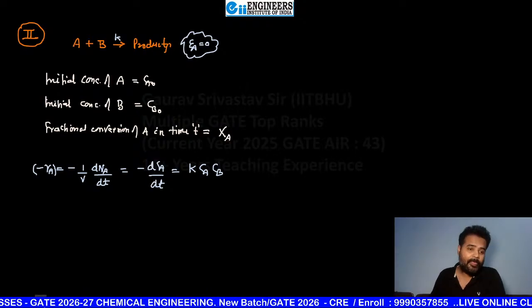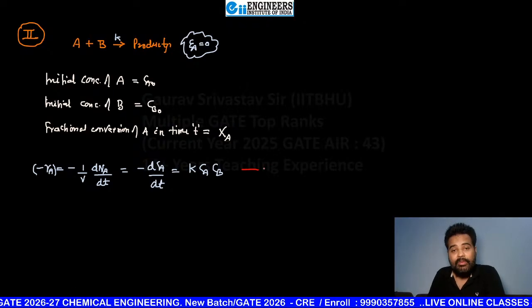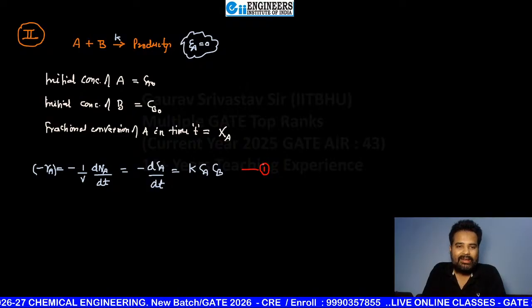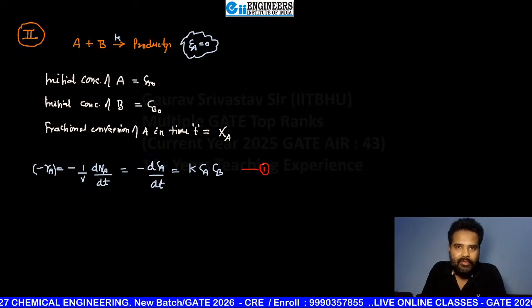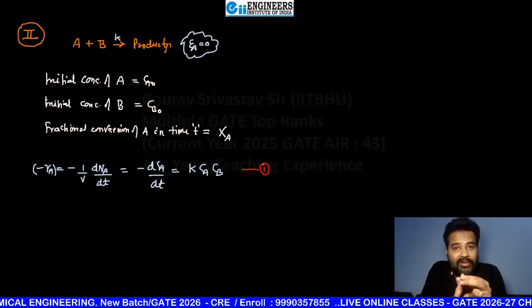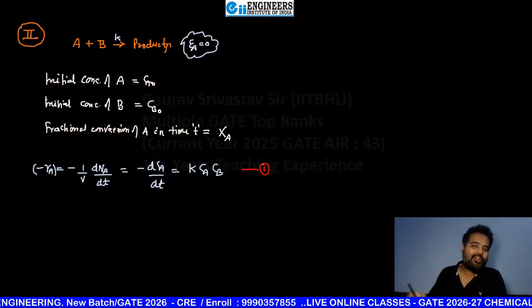Oh my god, that means Ca is also a function of time, and Cb is also a function of time. So it will be very complex, we can't solve it. But if we convert in terms of conversion, then we can write Cb also in terms of Xa, as you have just seen. So the same thing we are going to do here.